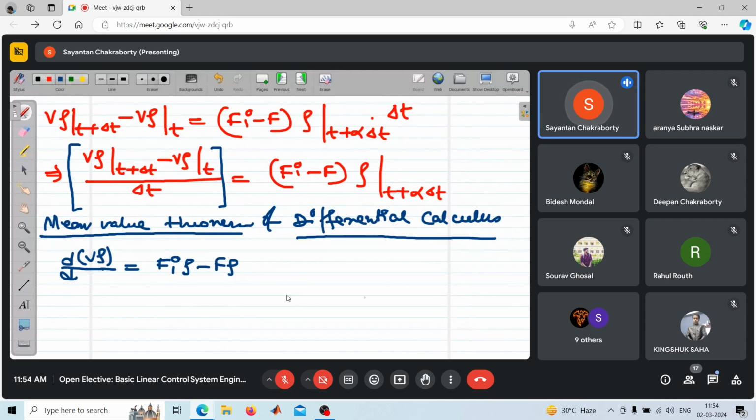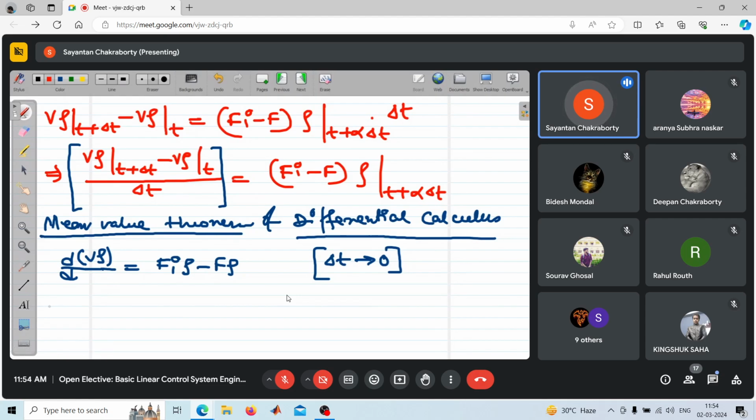Why? Because we are taking the limit delta T tends to 0 over here. So we can write this expression. This is the final expression for the dynamic equation.